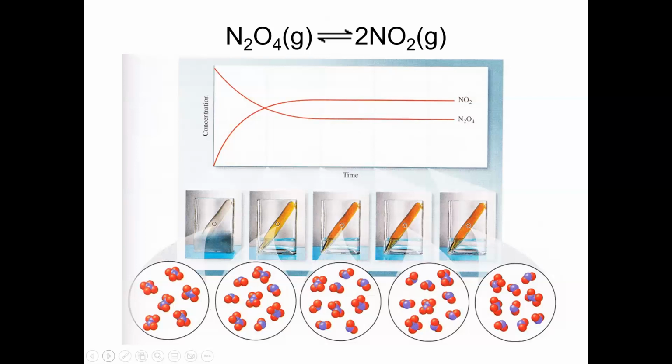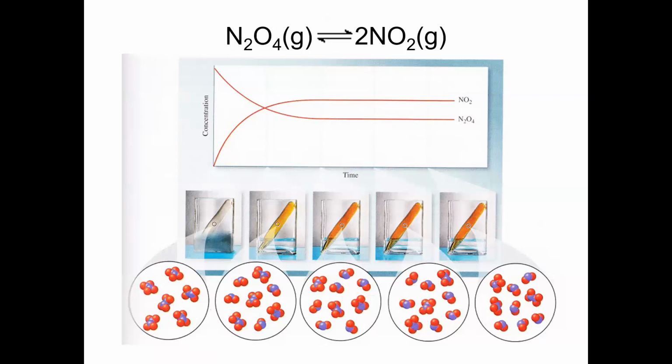One thing you will notice is that one dinitrogen tetroxide produces two nitrogen dioxides. So the line for nitrogen dioxide increases twice as much as the one for the dinitrogen tetroxide decreases. The slopes of those lines are different because they have different coefficients.